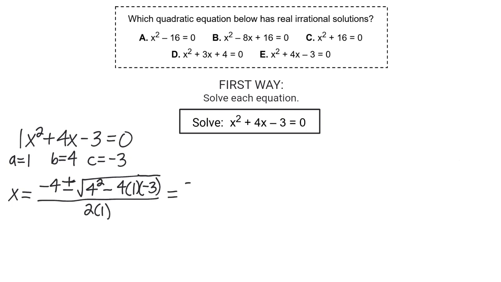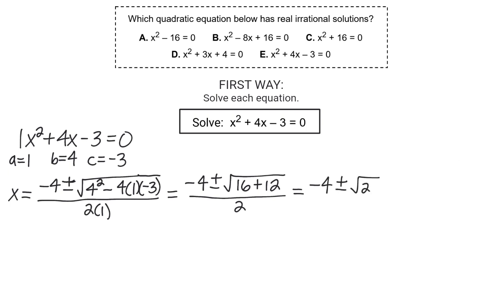Working this out, you're going to end up with negative 4 plus or minus the square root of 16. Negative 4 times 1 times negative 3 makes a positive 12, over 2, which then gives you negative 4 plus or minus the square root of 28 over 2.